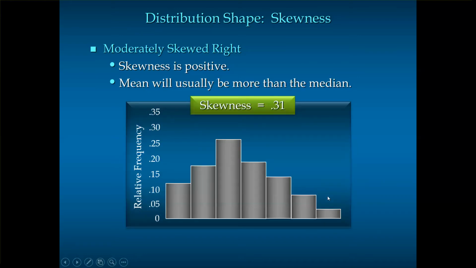For this distribution, first you can identify that the tail of this distribution is on this part, so this is called skewed right or a positively skewed distribution. At the same time, we calculated the skewness and got a positive number. So when the skewness is positive and the mean is larger than the median, we have a distribution skewed to the right, or we can call it a positively skewed distribution.